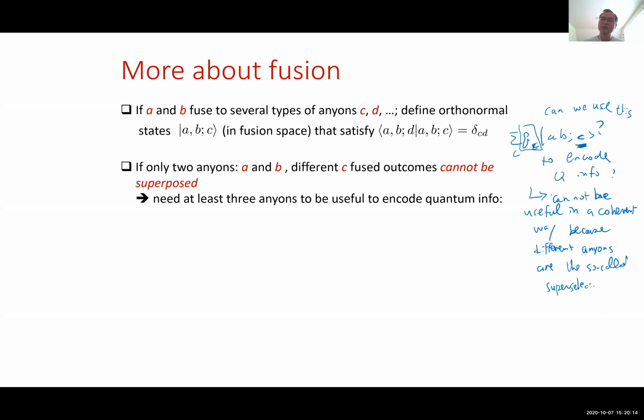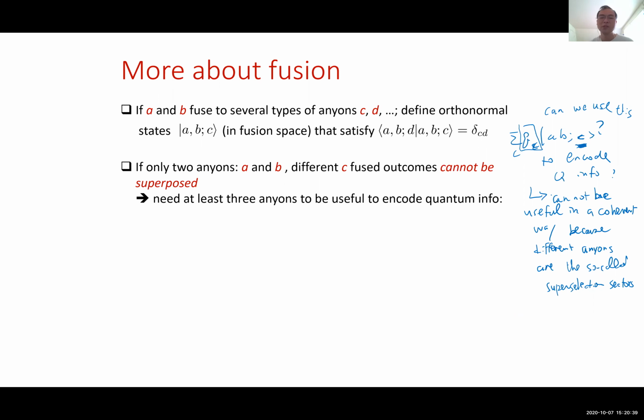Okay, but this is jargon. Basically, it means that they are different physical entities. So even though they form some kind of basis, when you look at it, you can only get one. So you can only get the amplitude squared. You will not be able to encode useful quantum information.